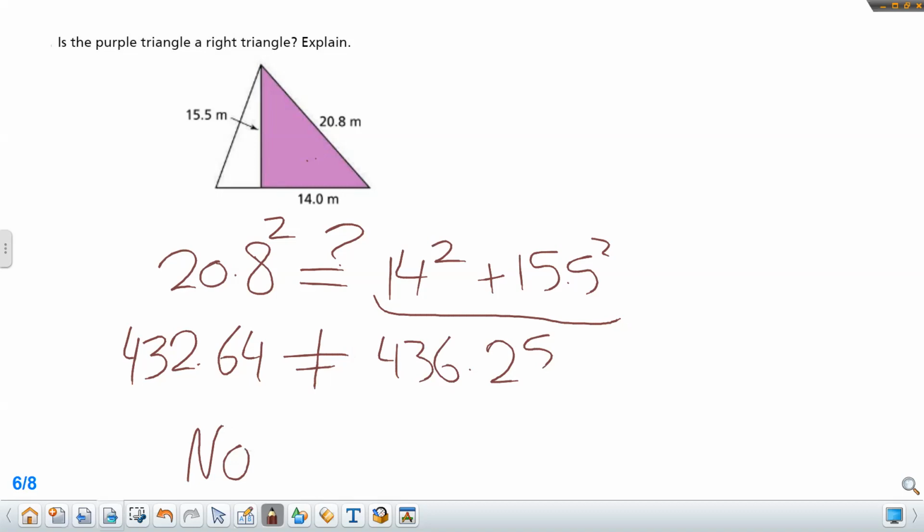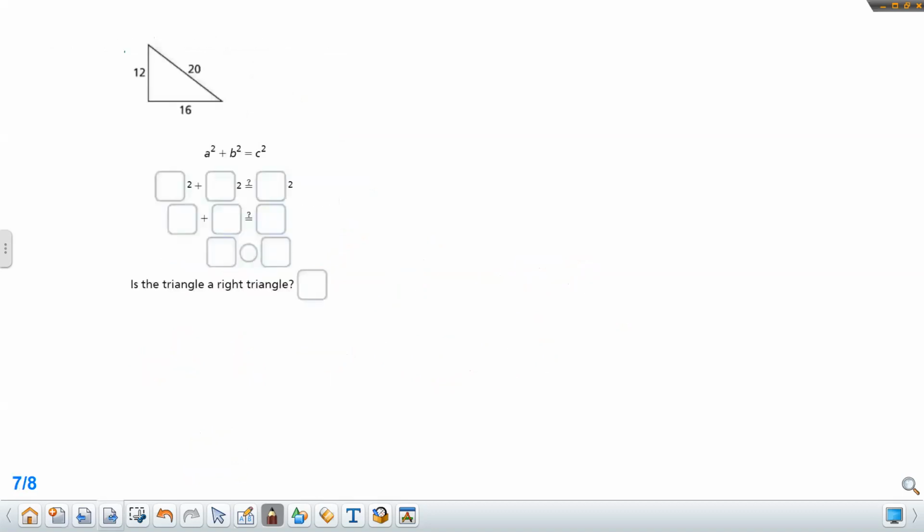Okay, next one. In this triangle, we want to determine whether it is right or not right. Check the shorter sides, which are 12 and 16, but the biggest one is 20. Take the least sides, 12 and 16.